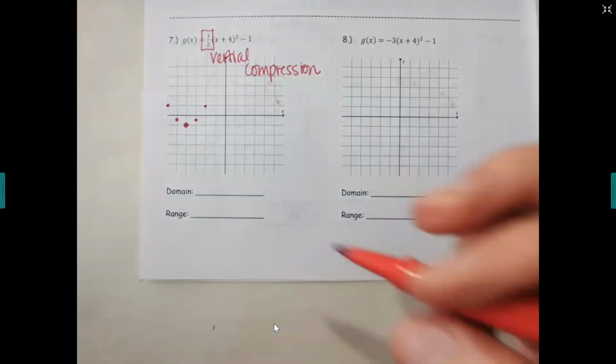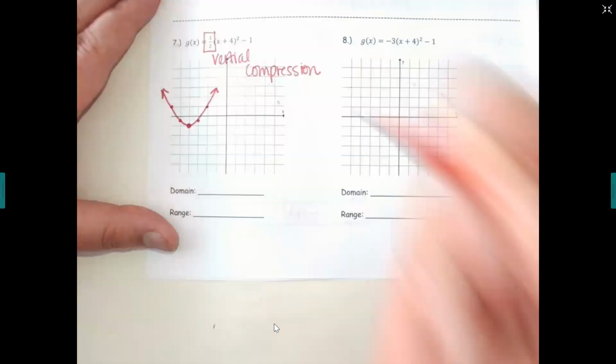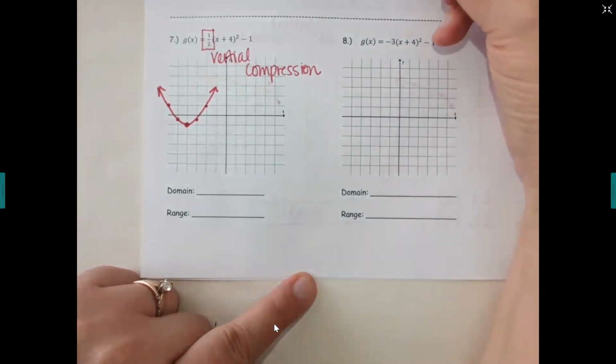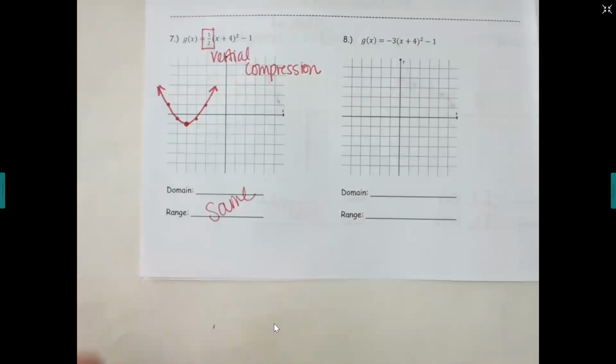Okay? But notice that your domain and range are not going to change based on how squished or stretched your U is. It's going to still be -1 to infinity for the range, and all real numbers for the, or wait, I said that wrong. All real numbers for the domain, and then -1 to infinity for the range.